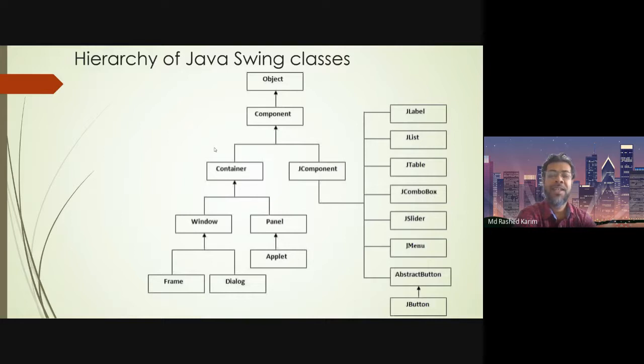That is the container. By default, the window is the main container. We will use the frame. Frame is called JFrame. We'll start from frame, so that the window can be visible.